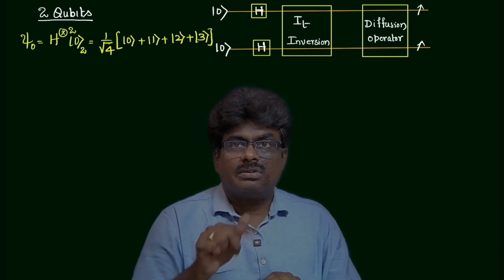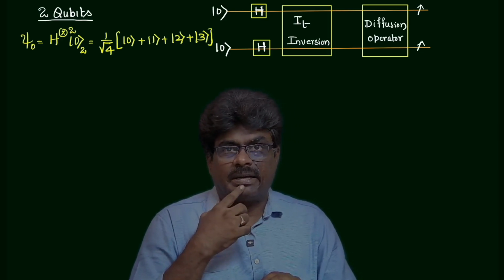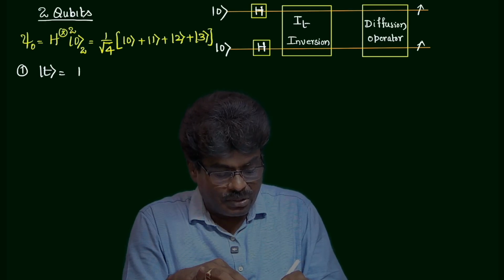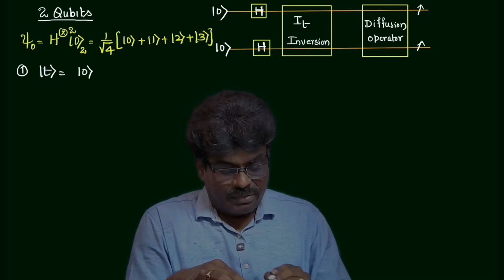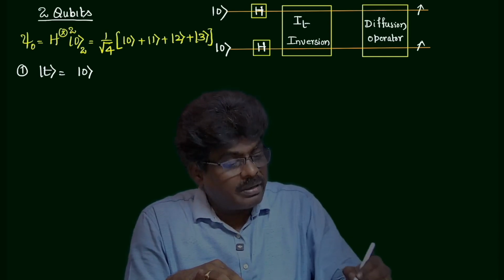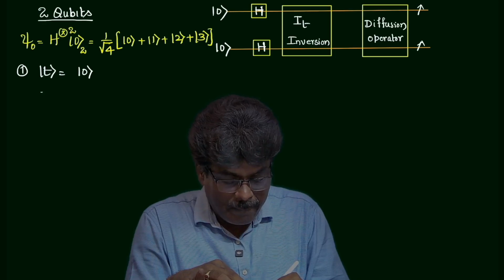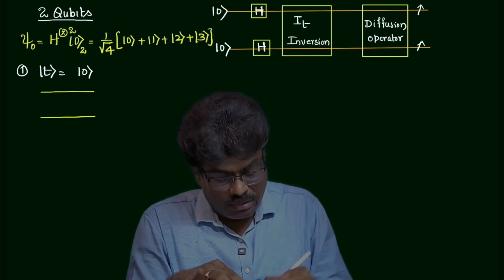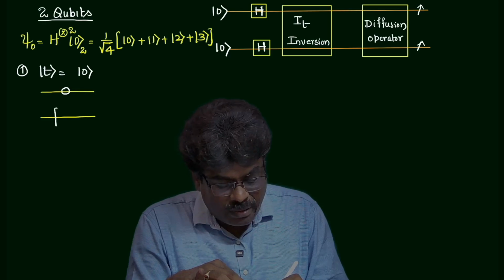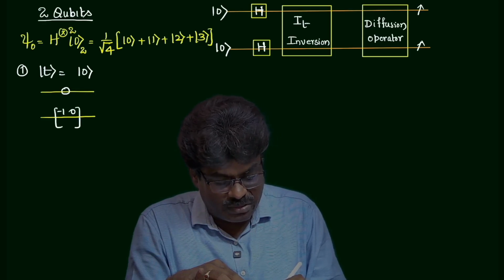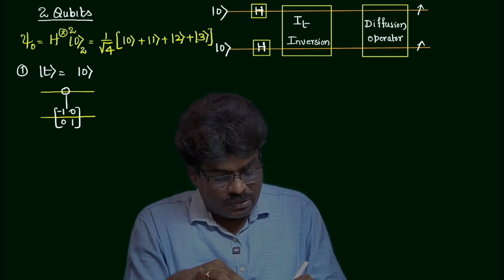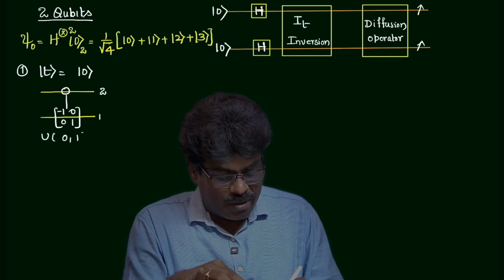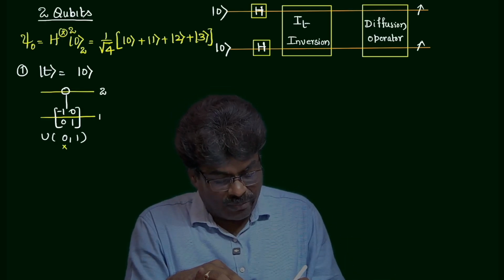So any one of these 0 to 3 you can take as a target. First I am taking the target state as 0. Okay, if the target state is 0, and I have already discussed this oracle, that means both are 0. So here we have this anti-control, and here we have minus 1 0 1. Okay, so this is a 1 and a 2. So this operation U of 0 comma 1, this 0 is off, 1 is on.